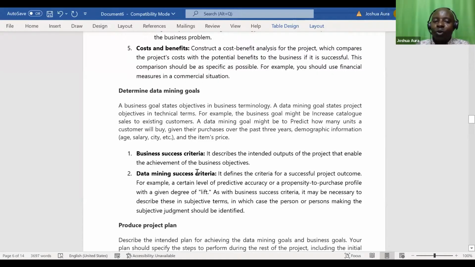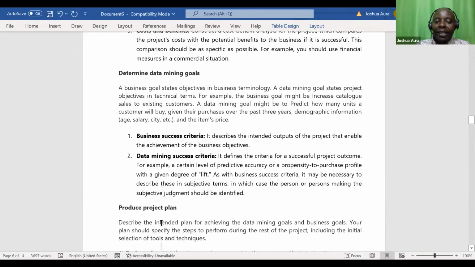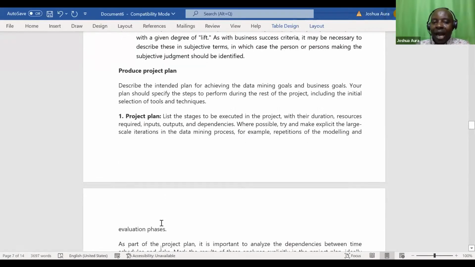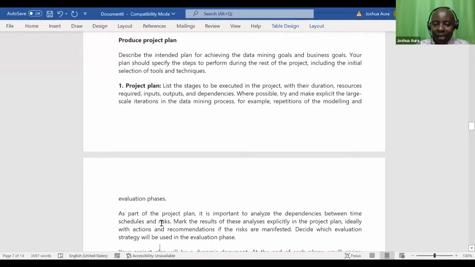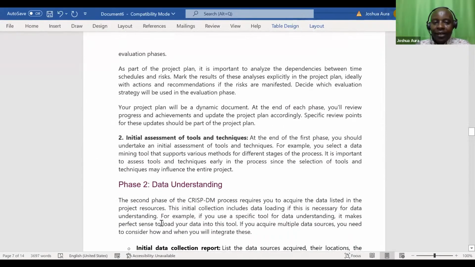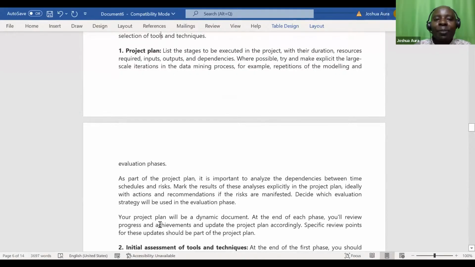These are things you'll be able to understand. Still, when I'm trying to do business understanding, I must produce, I'm repeating this again, a project plan. So the project plan is very, very important. List the stages to be executed in the project with their durations, the way we are drawing this particular network.